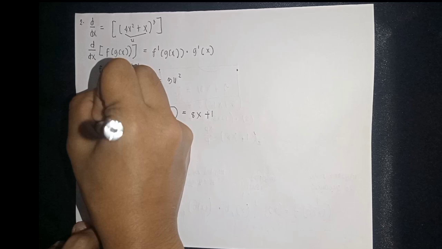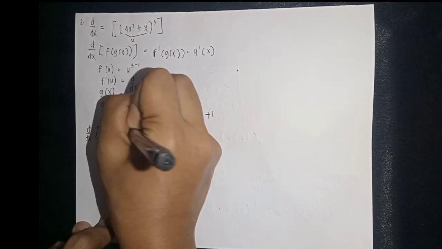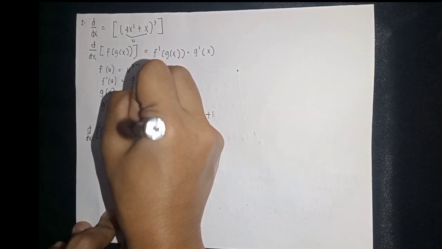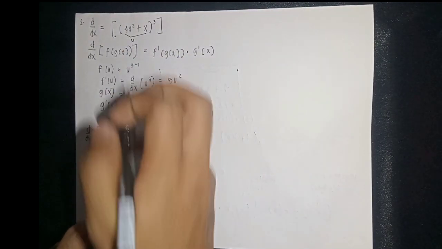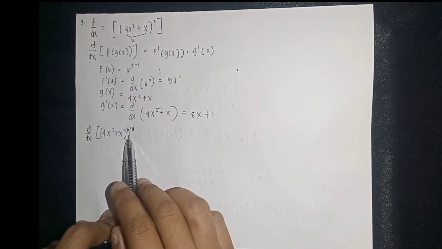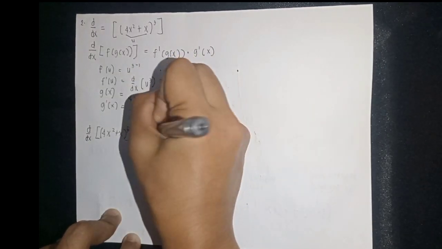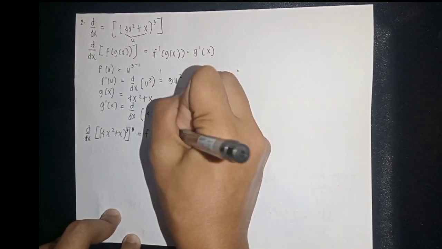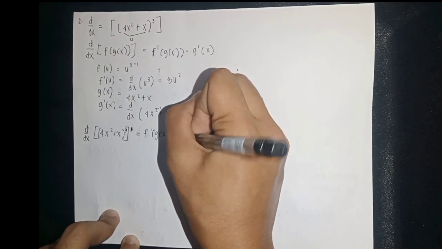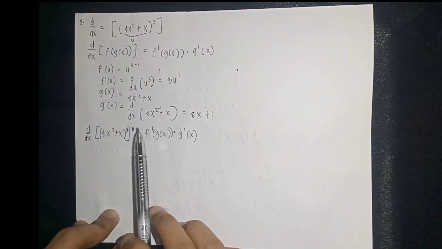So now let's substitute the derivative of f of g of x into the inner function, which is 4x squared plus x raised to 3. So that's it. Then it is equal to f prime g of x times g prime of x. So here we were going to use the chain rule.